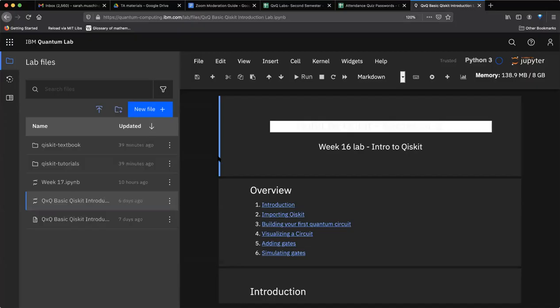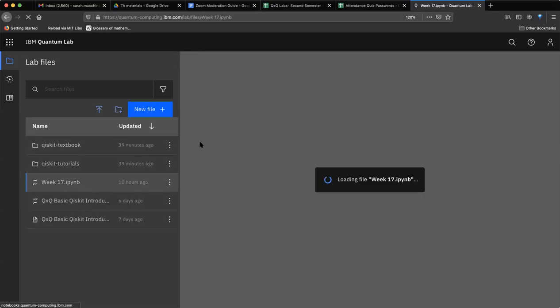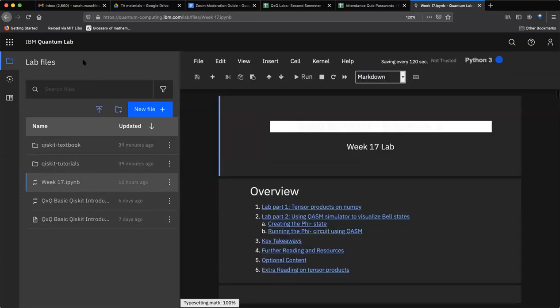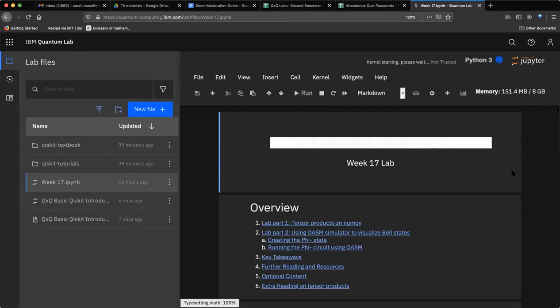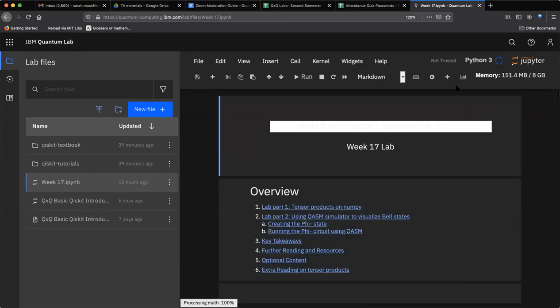the quantum lab page. They did change the layout of this. So if it looks different, they just pushed an update to it literally today. So I'm sorry if things are confusing because of that.